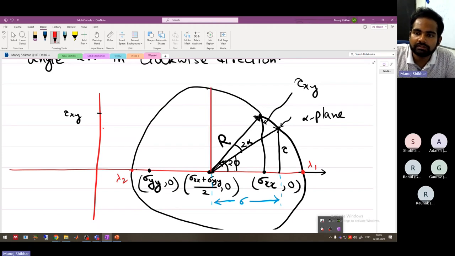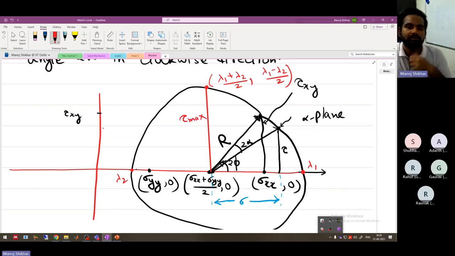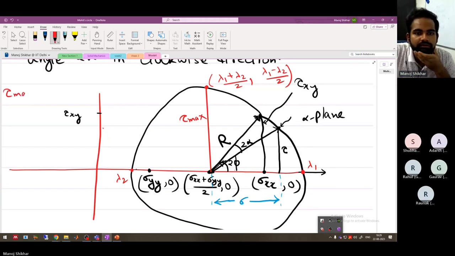This is the tau max. So this point will be (lambda 1 plus lambda 2) by 2, comma, this is tau max. Tau max equal to R.